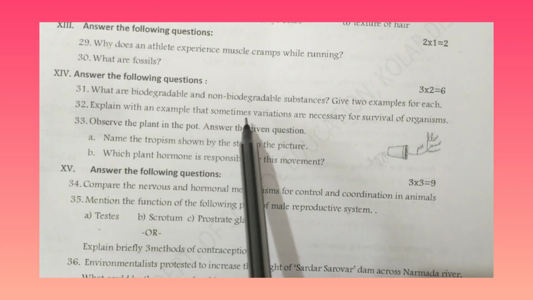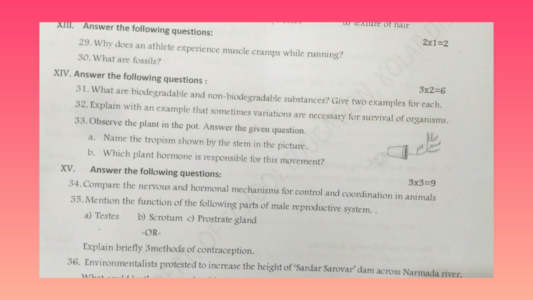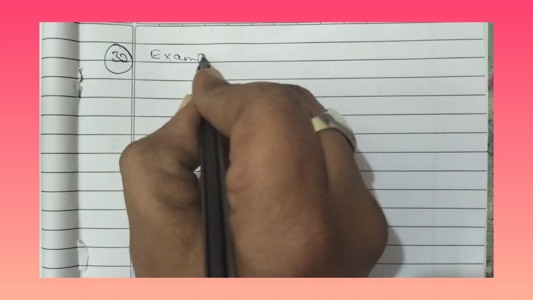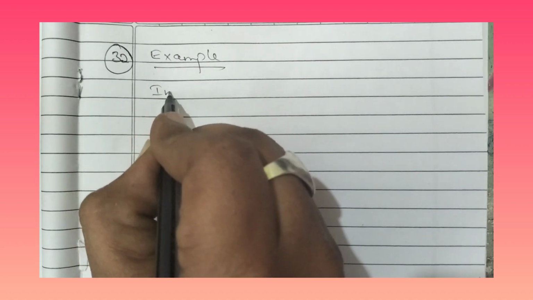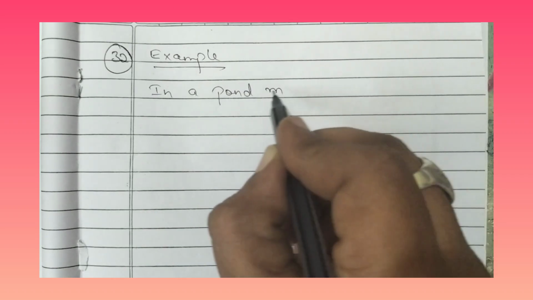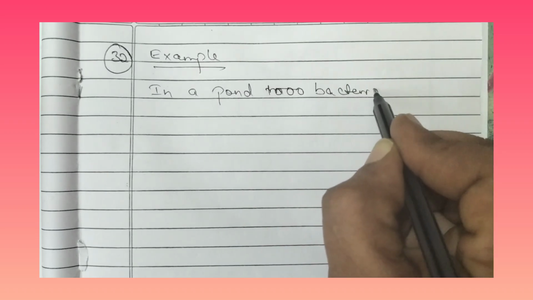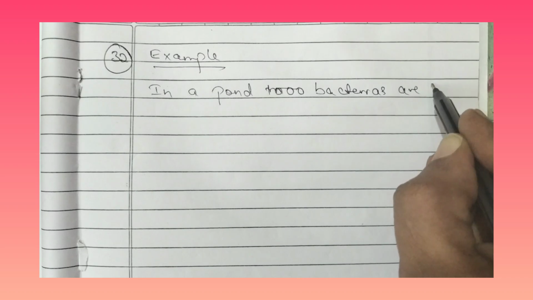Explain with an example that sometimes variations are necessary for the survival of organisms. So let us explain with an example. In a pond, a thousand bacteria are there.